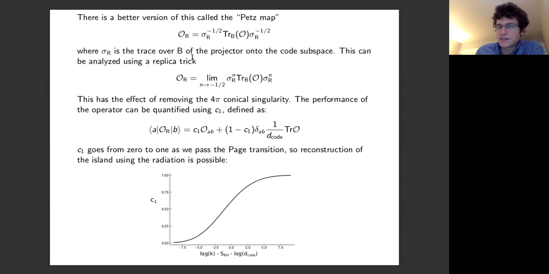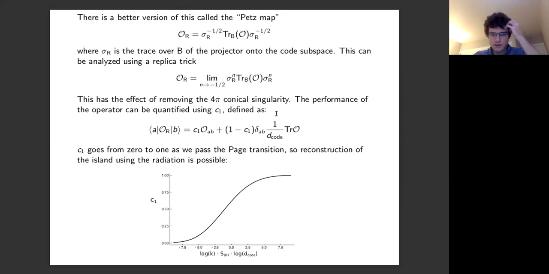Basically, you can analyze this quantity using a replica trick. And you take a replica trick that ends up eliminating the conical singularity. So in the same way that the von Neumann entropy is like a simple n goes to 1 limit of a replica calculation, this operator here is like a simple limit where the conical singularity goes away. So it works in general.